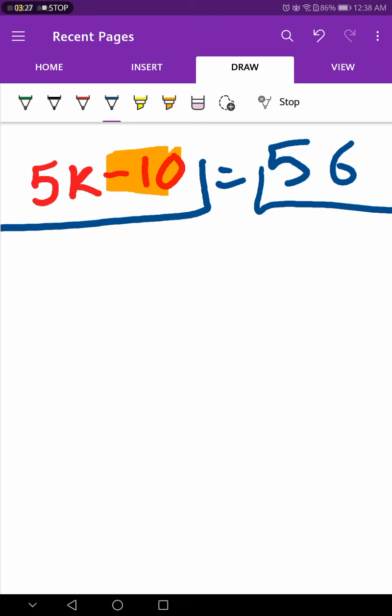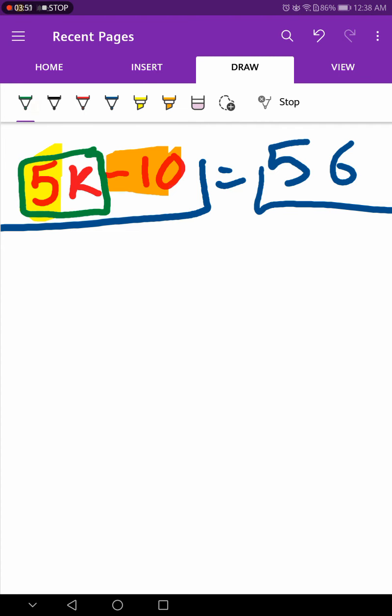Okay, now I move here, and I noticed that some students still get confused between which term we can move and which term we can divide by. First of all, you have to distinguish between the term and the coefficient. This is called coefficient. How do I know? Because it is stuck with the letter.